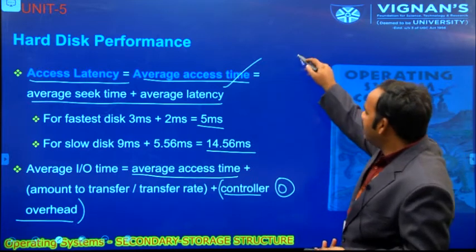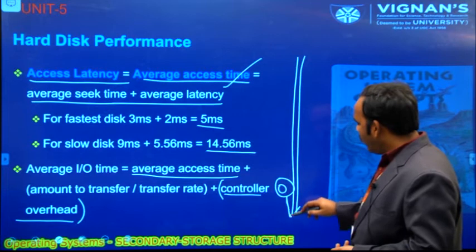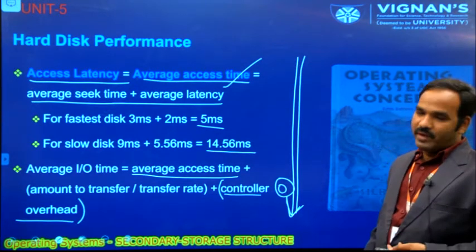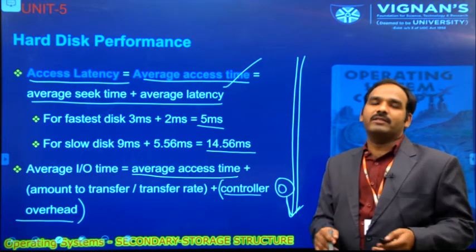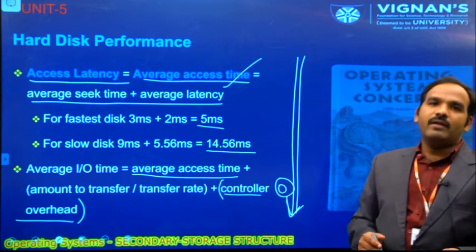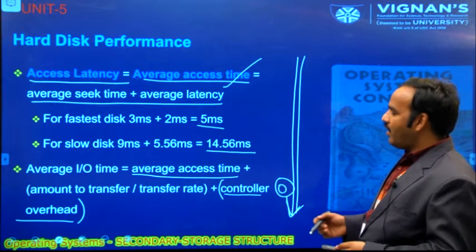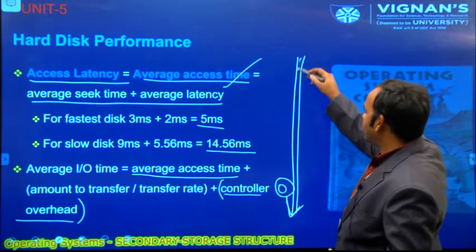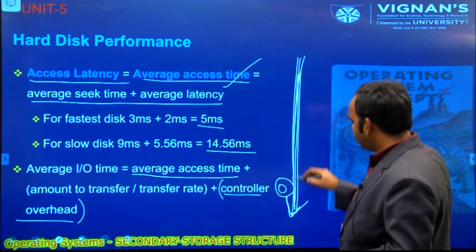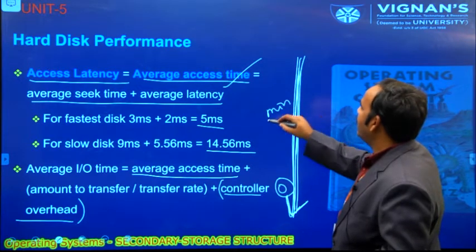What we are trying to do is make these values go down whenever we are doing any I/O operations for a set of requests, for a set of commands. When it is seeking some set of tracks or cylinders, the access time, average I/O time, and average access time should be minimum.